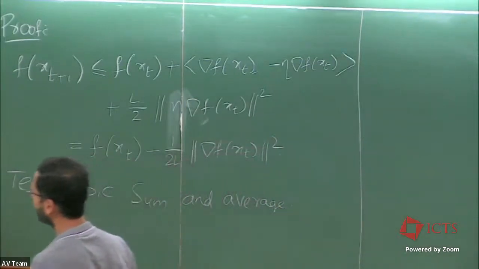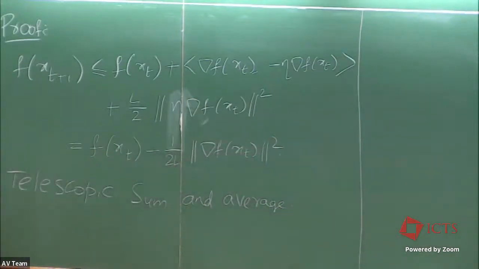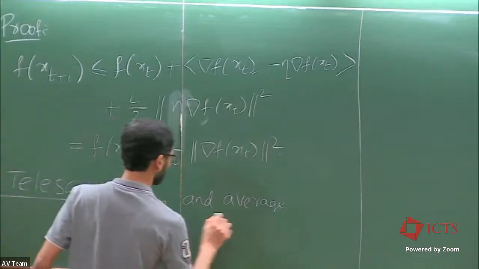Because gradient descent is reaching these kind of points, intuitively what this says is that if I just look at the first order variation around the point, then it's kind of flat in terms of first order variation. So gradient descent is reaching those points, and after T iterations it can find those points for which the gradients are quite small. And these points are called first order stationary points.